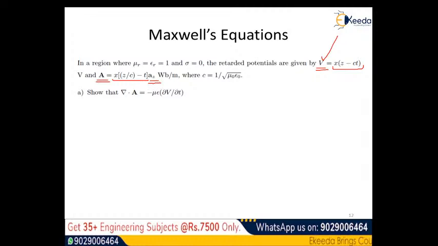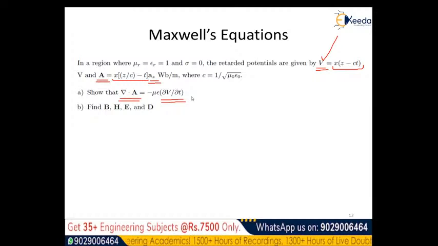So the divergence of the vector magnetic potential is equal to minus mu into epsilon multiplied by the partial derivative of V with respect to time. This is the part A question.